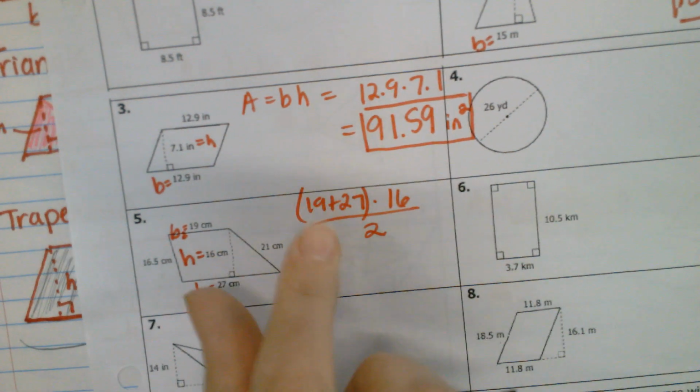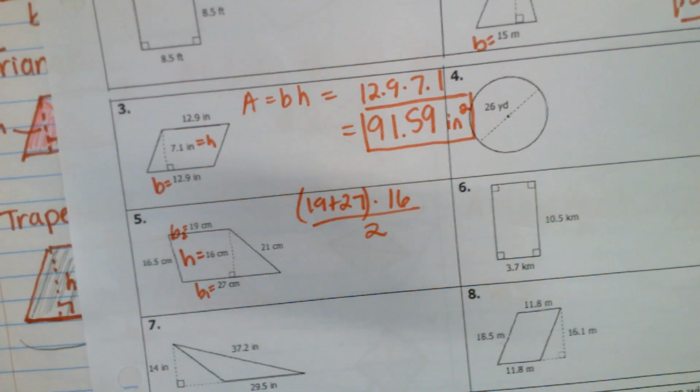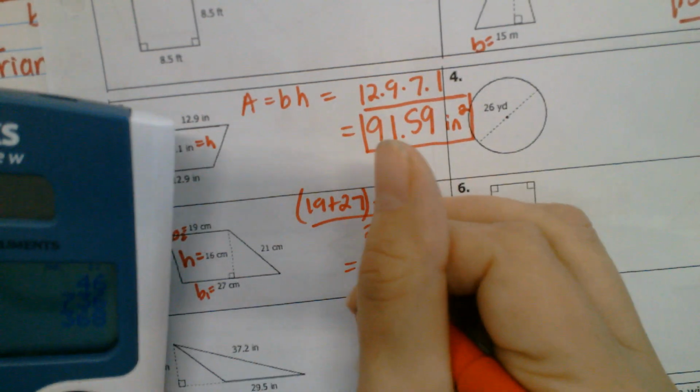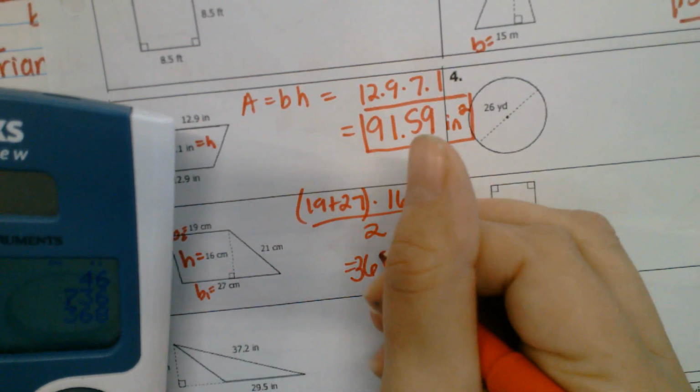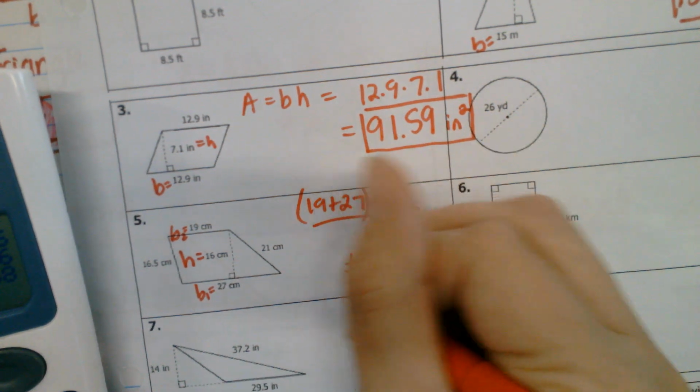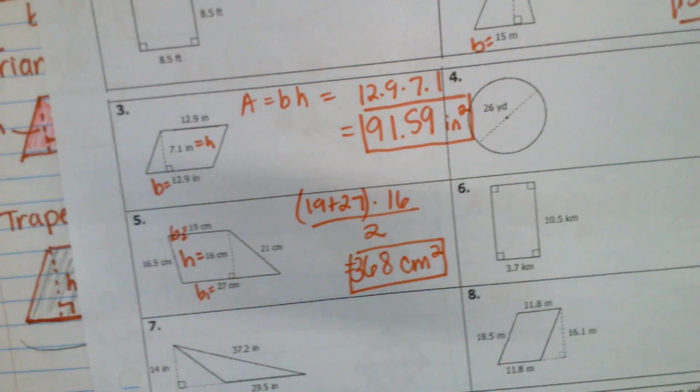Go ahead, add the bases first, then times by 16, then divide by 2. Tell me what you get. I got that too.